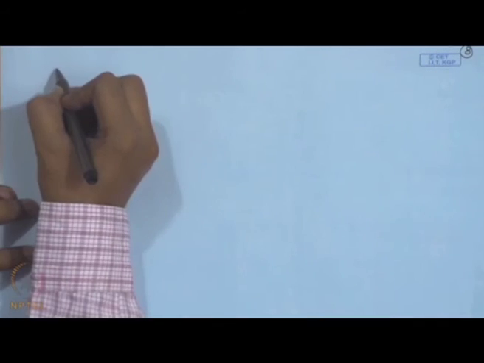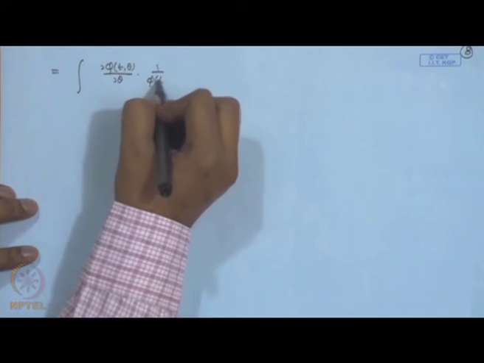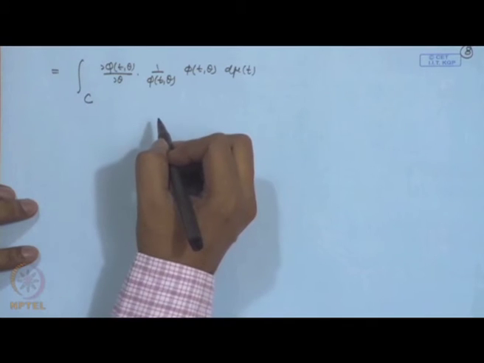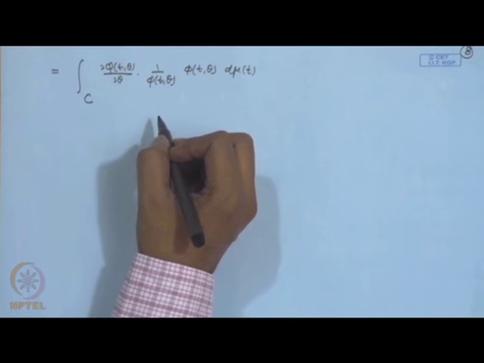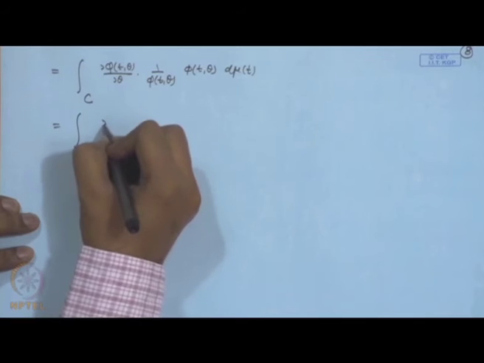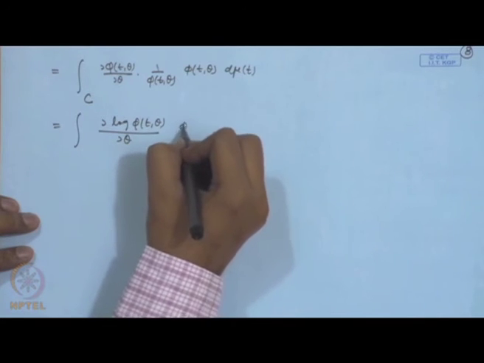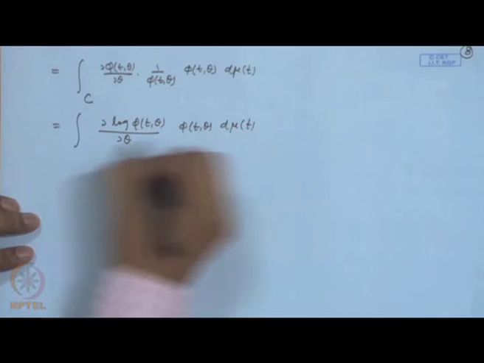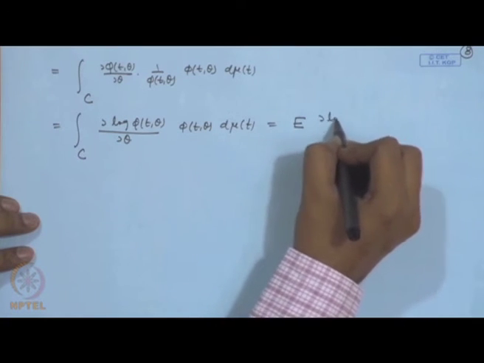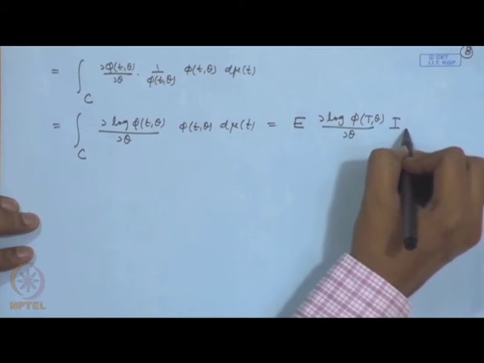So, we get del phi by del theta times 1 by phi(t, theta) times phi(t, theta) d mu_t over the set C. So, now this becomes nothing but the derivative of log phi(t, theta) d mu_t over the set C. This is nothing but the expectation of del log phi(t, theta) by del theta times the indicator function of the set C.